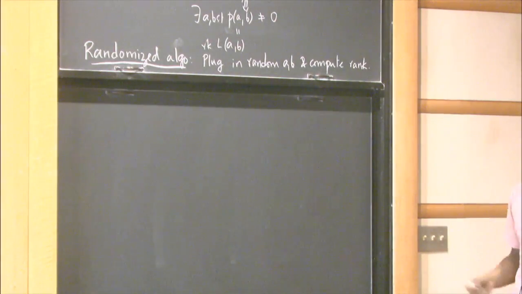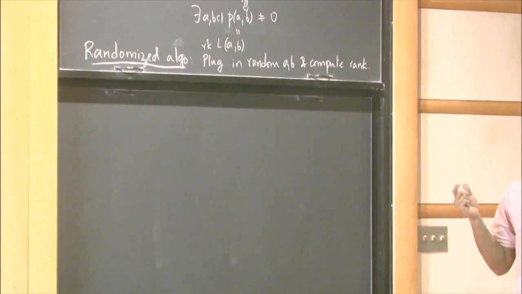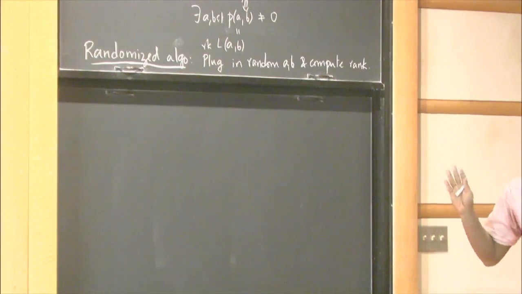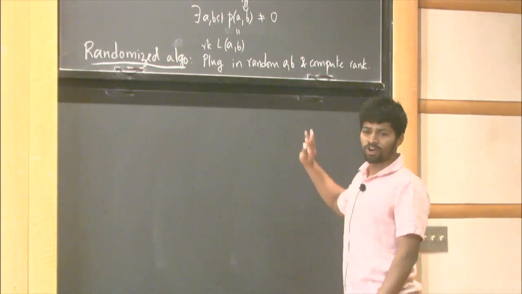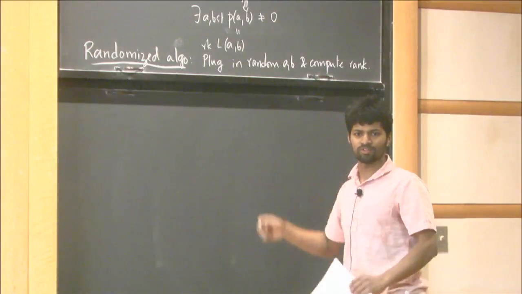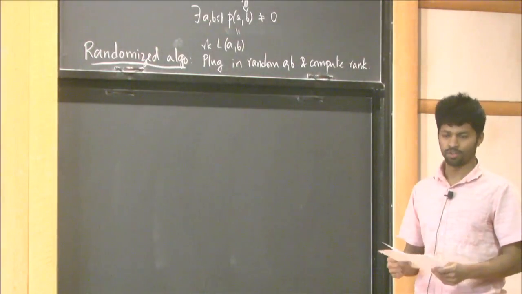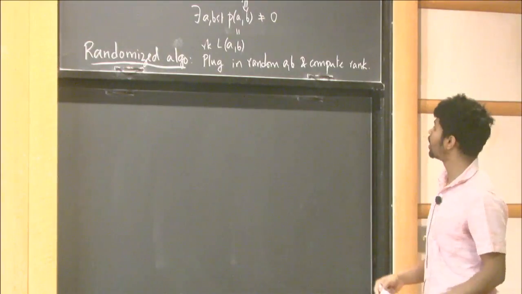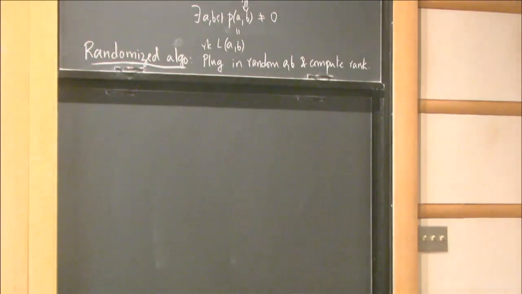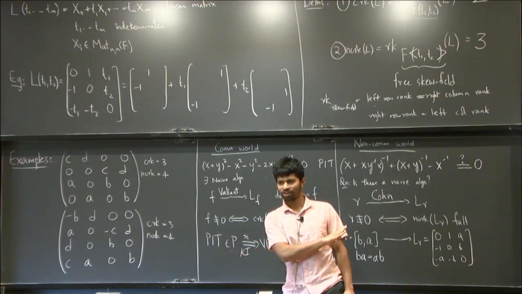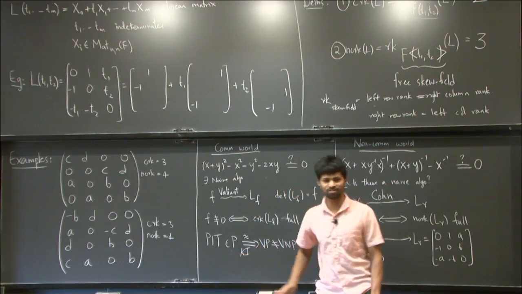So a randomized algorithm is you just plug in random numbers and with high probability you will be able to capture the rank. If a minor is non-zero as a polynomial, with high probability it will turn out to be non-zero. It's a polynomial time randomized algorithm if you do it correctly. We would like an algorithm that's polynomial time deterministic, but we got one that's randomized polynomial time. We still don't know how to get this. We're very far from that.